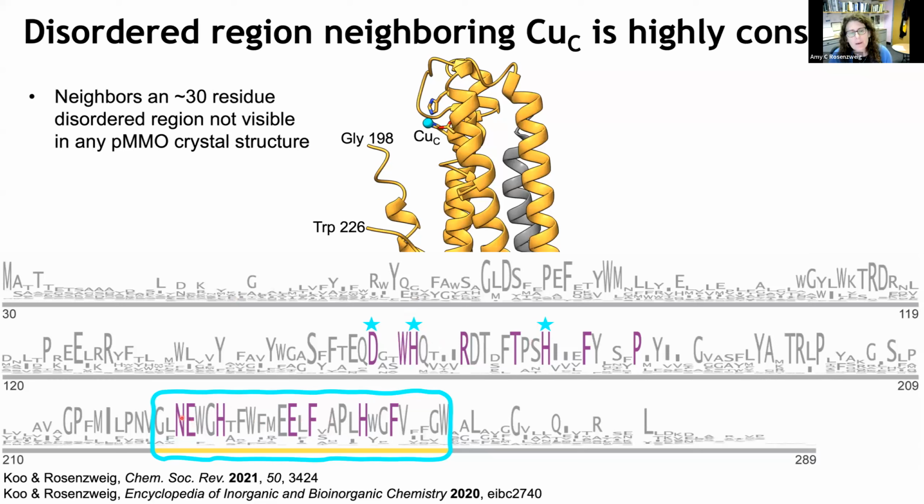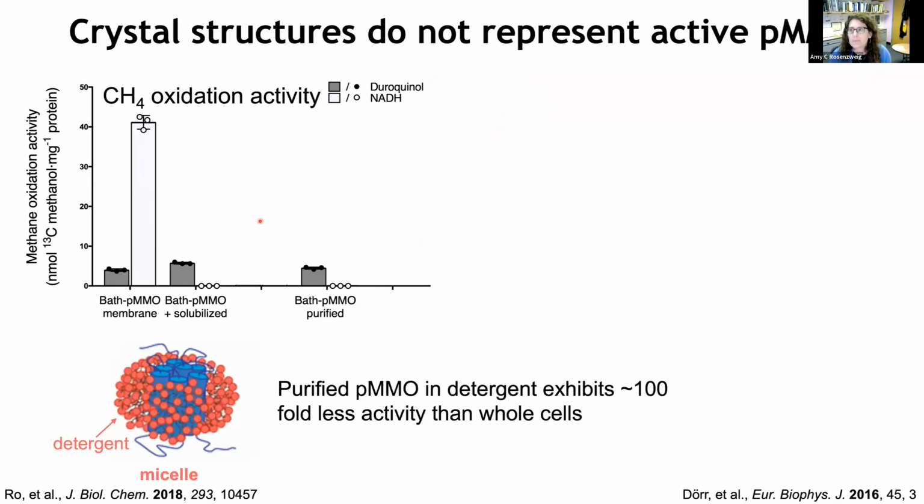And not only that, but the sequence here contains several residues, including these 2 histidines and a couple of glutamic acids that look like they could potentially bind metal ions. So that's kind of a big caveat with our interpretation of the crystal structures and trying to discern the active site. A second big caveat with all of our work is the following.